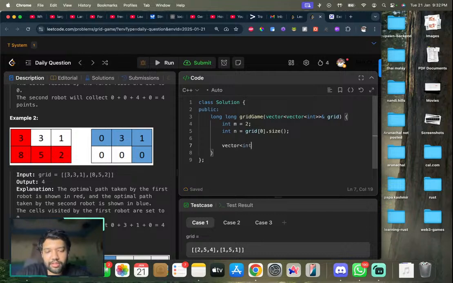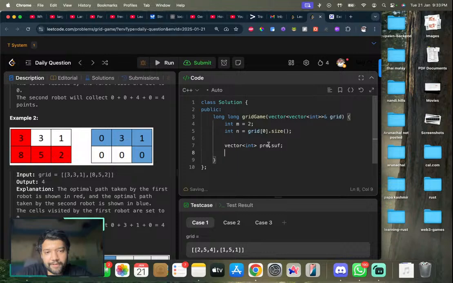Vector pre of size n, comma 0, and sub of size n, comma 0. Okay, cool.